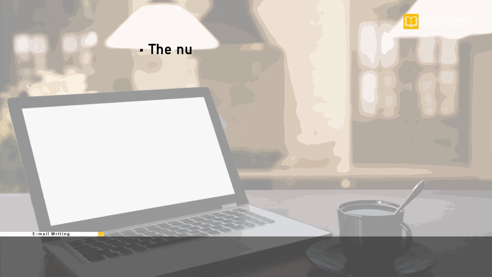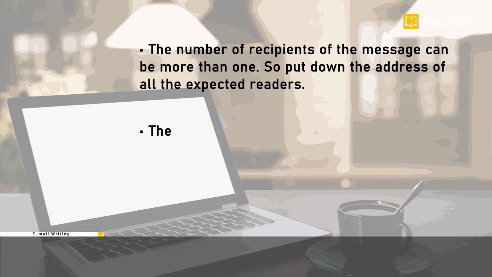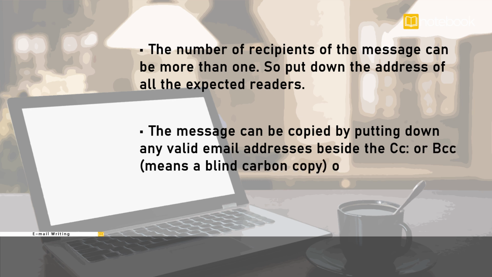The number of recipients of the message can be more than one, so put down the address of all the expected readers. The message can be copied by putting down any valid email addresses beside the CC or BCC, means a blind carbon copy, option.